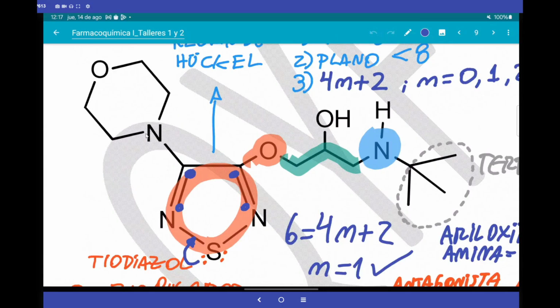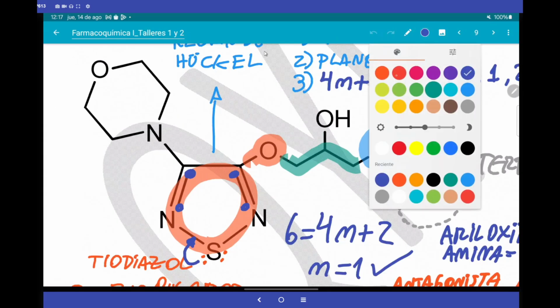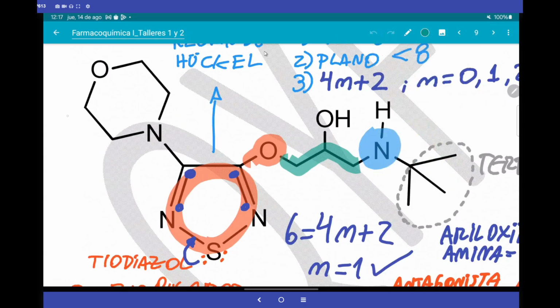This ring that is here, what is this ring called? It is called morpholine, exactly. Is this protonable? No, exactly because it is in resonance with the aromatic ring, strongly delocalized.